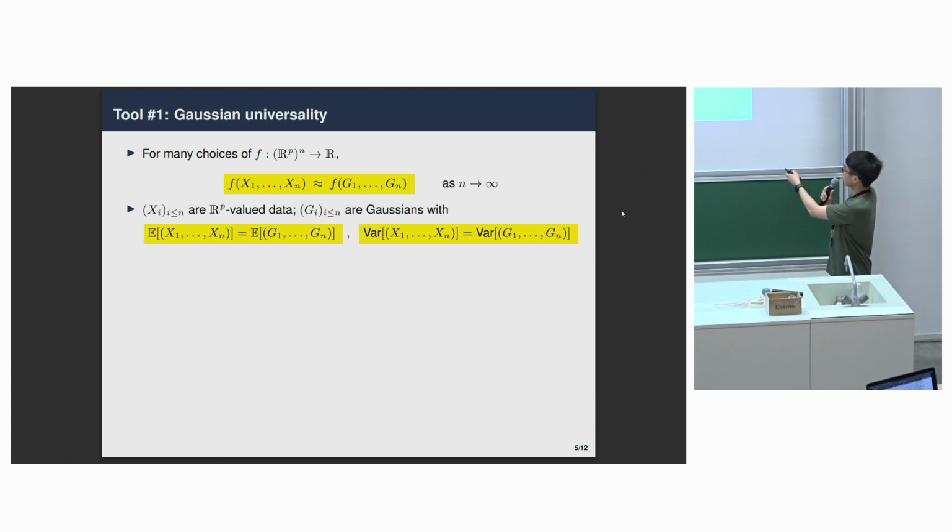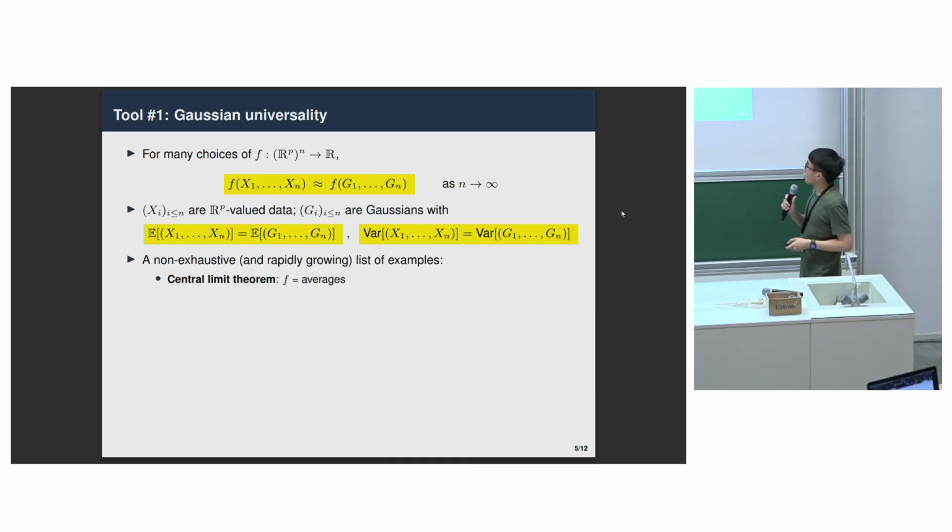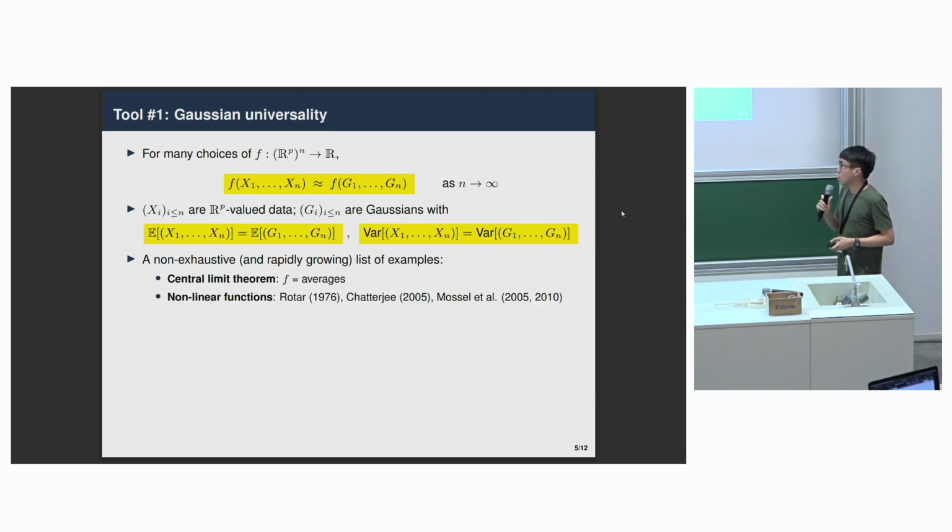And here by Gaussians, I mean the set of Gaussian vectors that match my original training data in mean and variance. So the central limit theorem is actually a very simple example of this in the low-dimensional setup, right? We just say that the average of data looks like the average of Gaussians, and that's what gives us our Gaussian confidence interval and so on for the average. And there's a series of work in probability that has established this for nonlinear functions F, from Rotar, Chatterjee to Montanari et al.